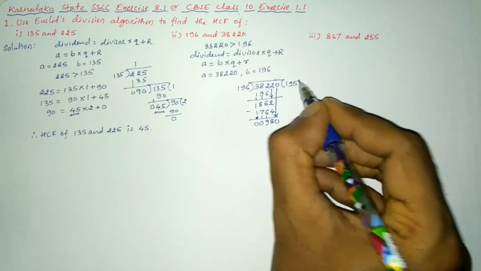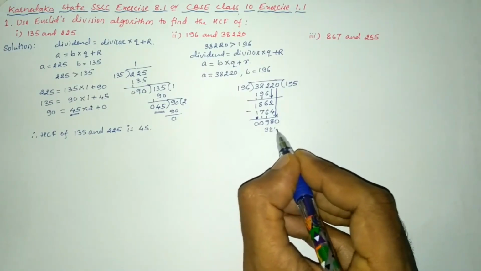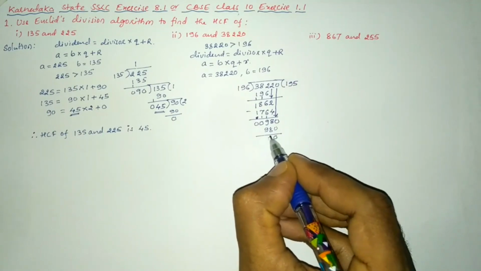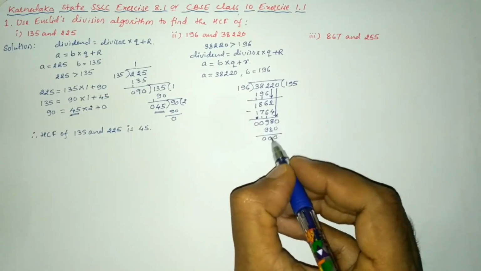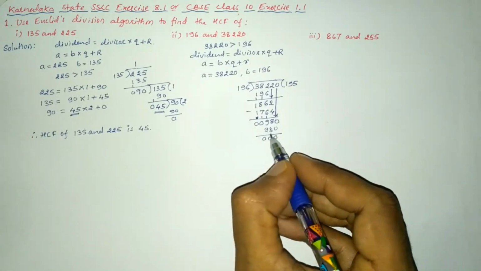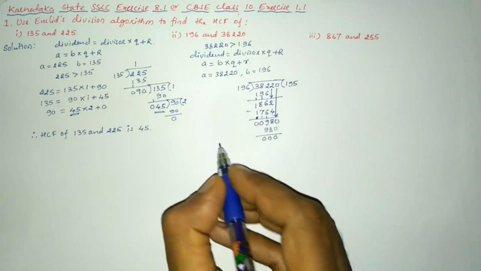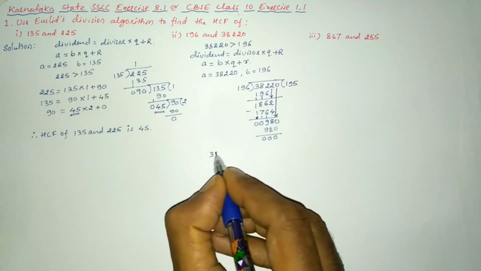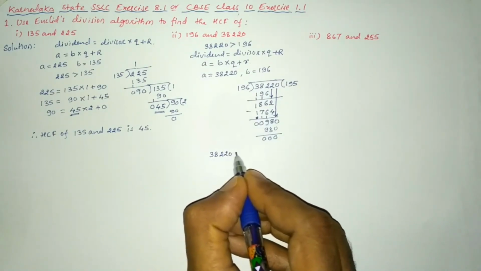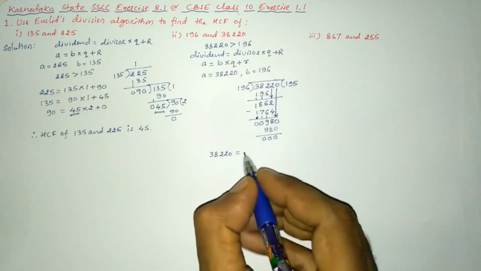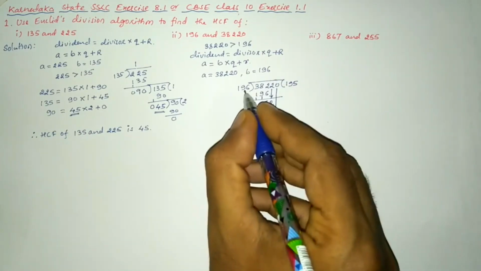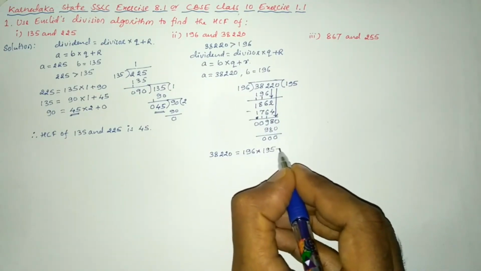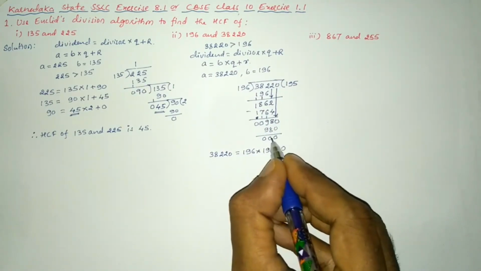196 fives are 980. So here 0 minus 0 is 0. 8 minus 8 is 0. 9 minus 9 is also 0. So here the remainder is 0. So as per Euclid's lemma, we can write here A is 38,220 is equal to divisor is 196 into quotient is 195 plus remainder is 0.